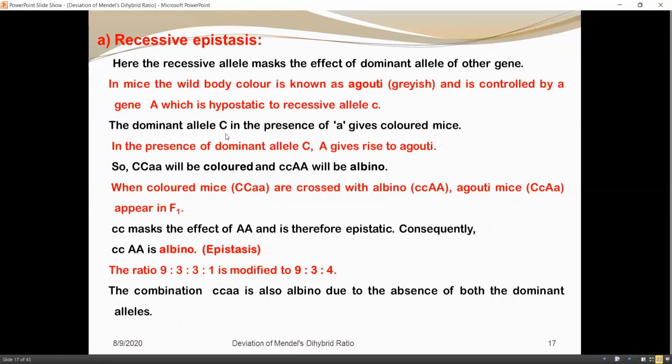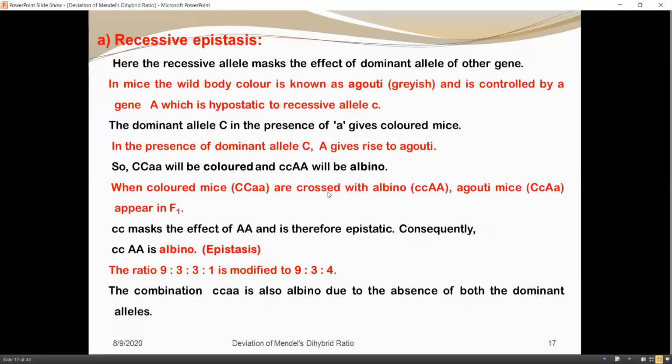The dominant allele C in the presence of A gives colored mice. In the presence of dominant allele C, A gives rise to agouti. So capital C, small a will be colored and small c, capital A will be albino.